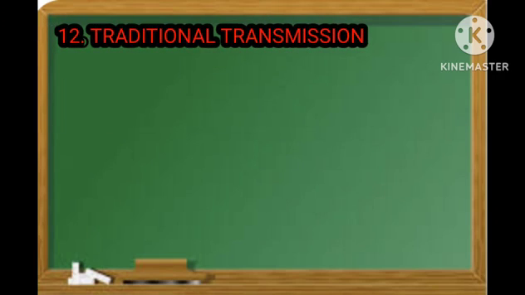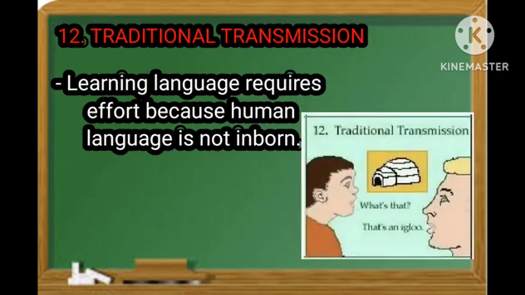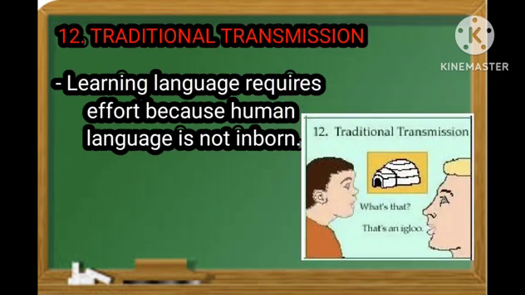Next is traditional transmission. So learning language requires effort because human language is not inborn. So it also refers to the fact that human language is passed down from one generation to another through social interaction and cultural practices.